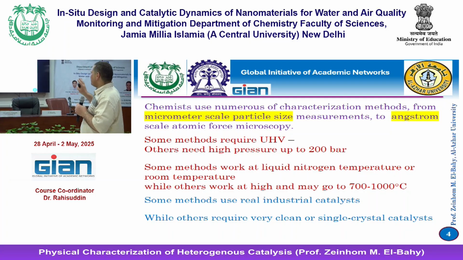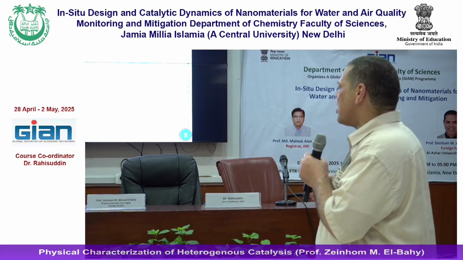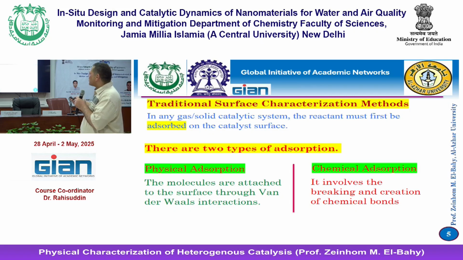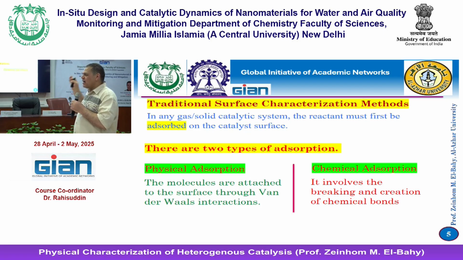We have some methods, and I will try to explain some of the methods used in characterization. We have traditional methods. There are two types of adsorption, physical adsorption and chemical adsorption. We just checked this yesterday, and we will depend on it in some of the techniques used in characterization.